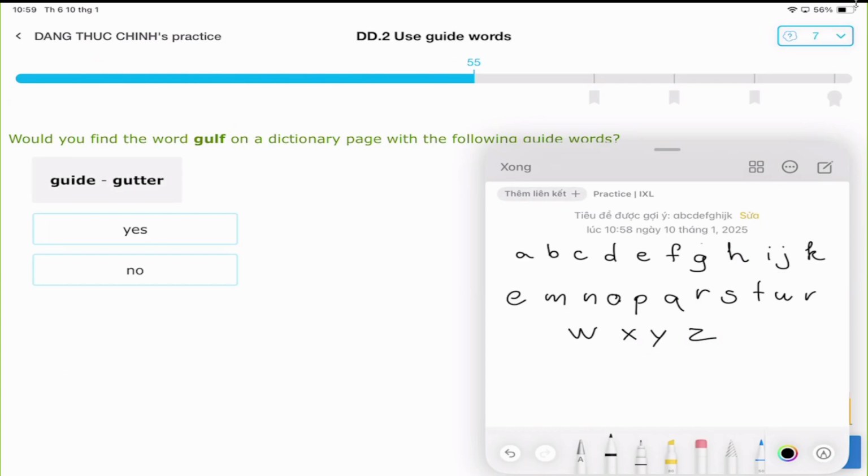Okay, golf. Would you find the word golf on a dictionary page between guide and gutter? Okay, the first two letters are the same, so let's move on to this, I and T. Between here and here.